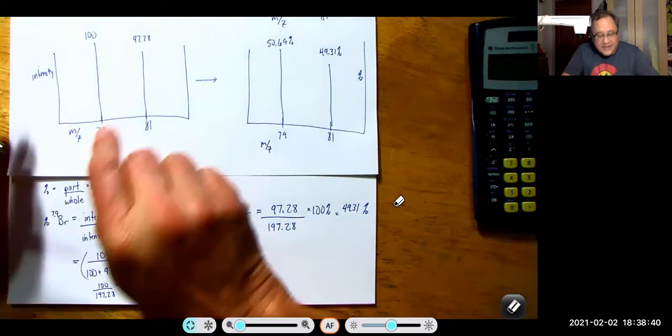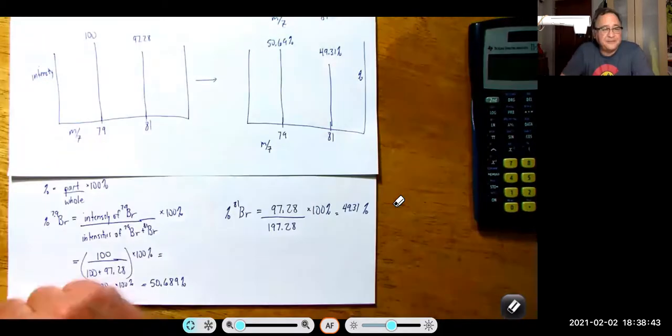So this shows you how we take intensities and turn them into percentages.